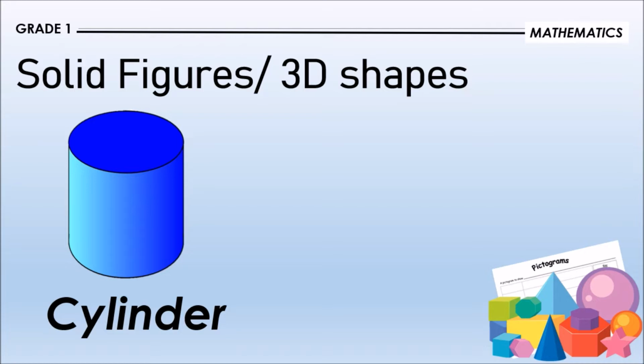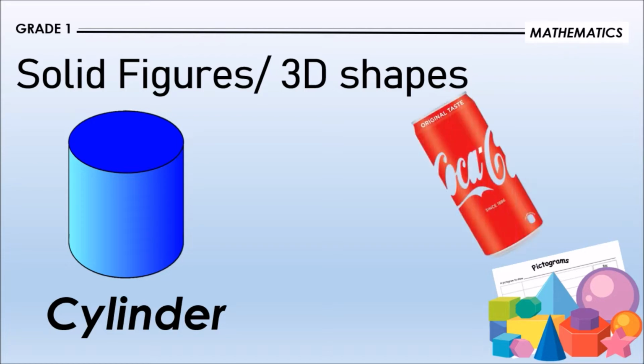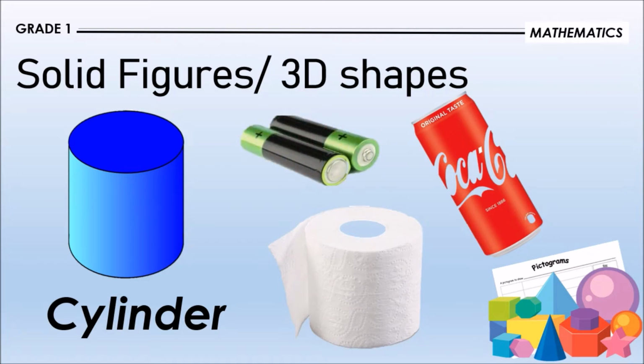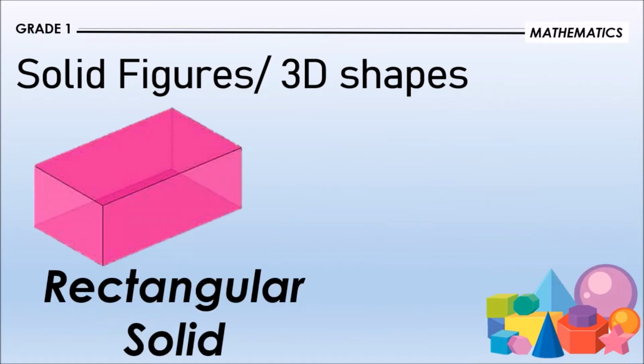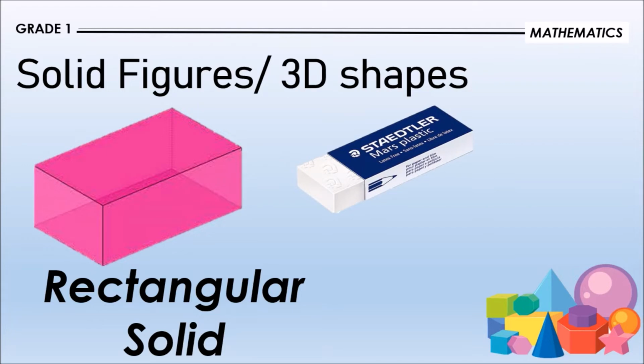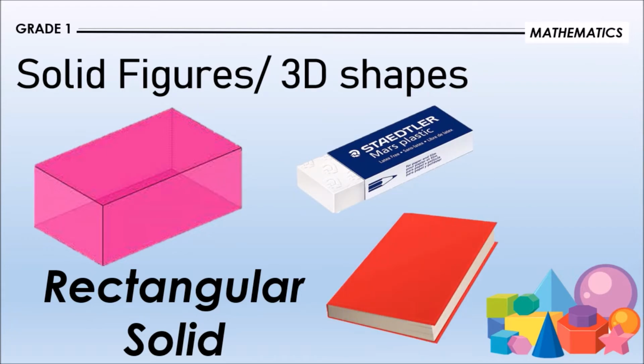An example of a cylinder are a can of Coke, a toilet paper roll, and a battery. And the last one is rectangular solid. For example, an eraser and a book.